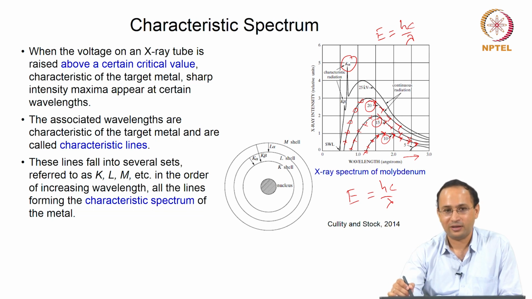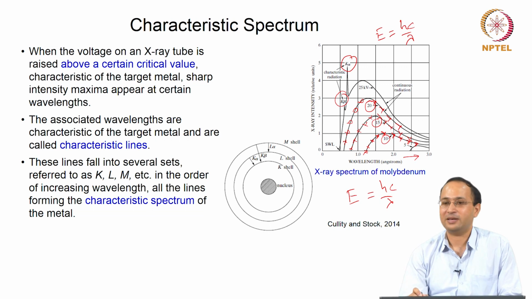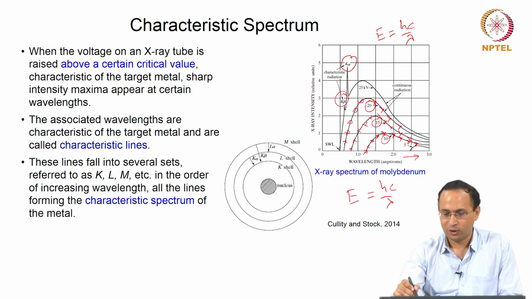Only in the case of 25 kV do you see the appearance of these sharp maxima. The associated wavelengths are called characteristic lines, and they are very specific to a particular metal. It is a characteristic of the target metal. If you change the metal, this wavelength will change.